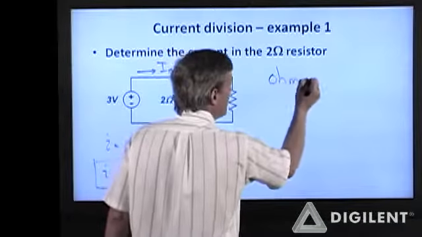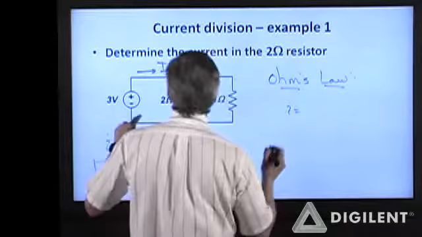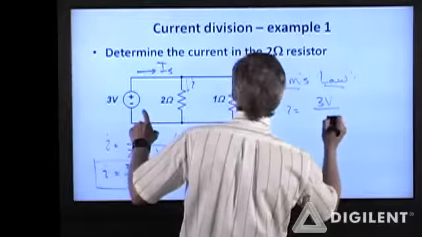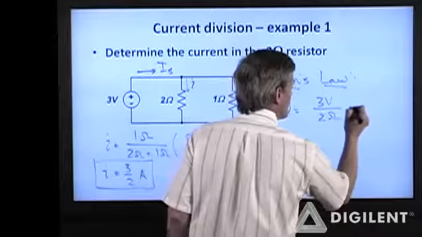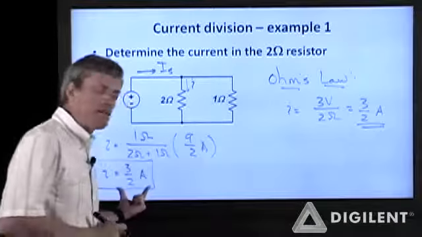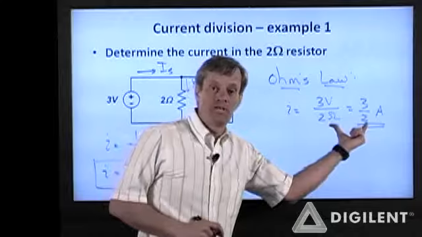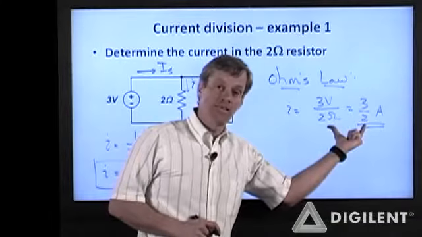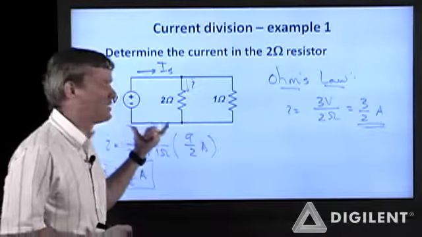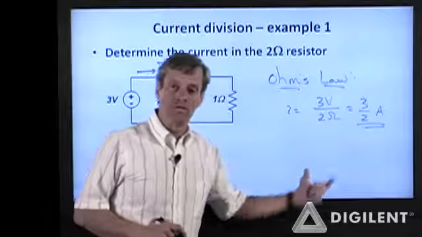So directly from Ohm's law, I could say that I is equal to 3 volts over 2 ohms, which is 3/2 of an amp. Luckily, we got through the previous process okay, but there's much less chance for mistake in this approach. It's always worthwhile to stare at the problem for a while, see if there's an easy way to do it.